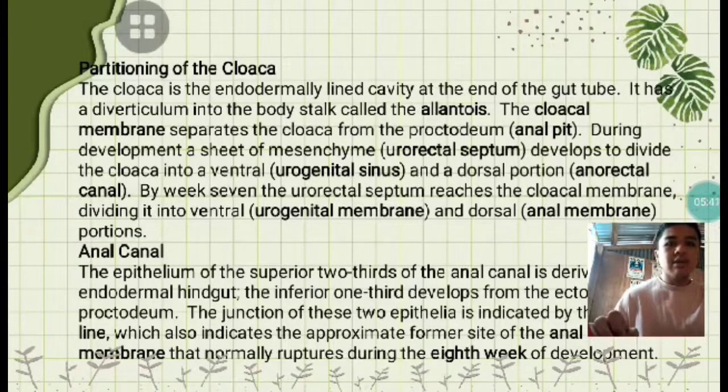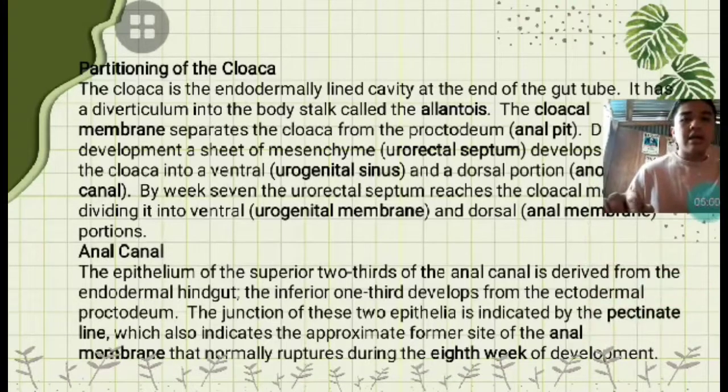By week 7, the urorectal septum reaches the cloacal membrane, dividing it into a ventral urogenital membrane and a dorsal anal membrane. Next is the anal canal.